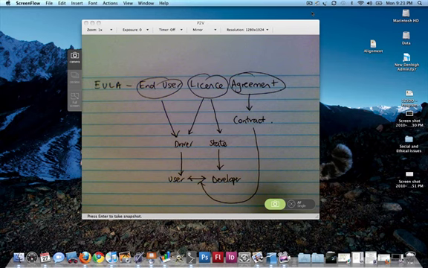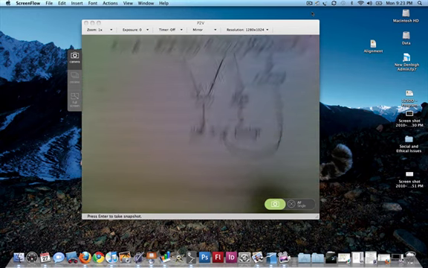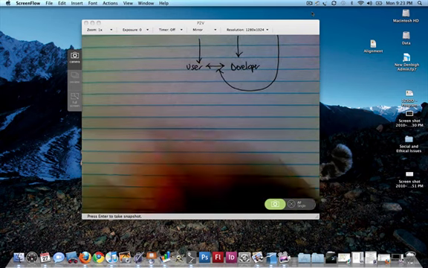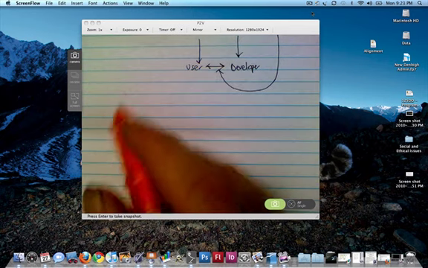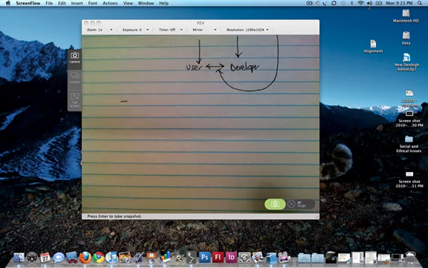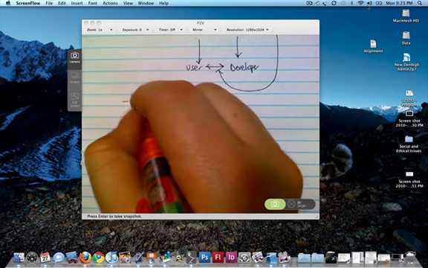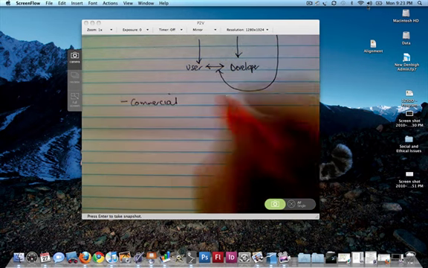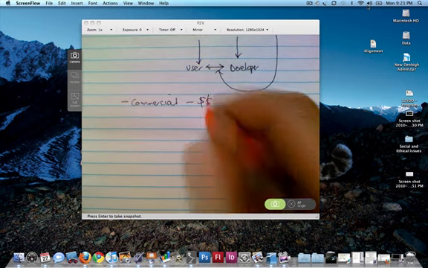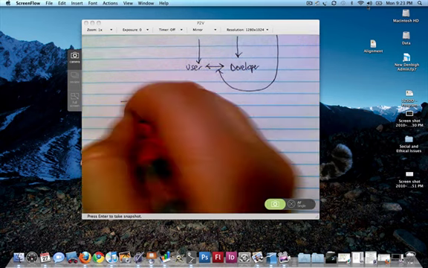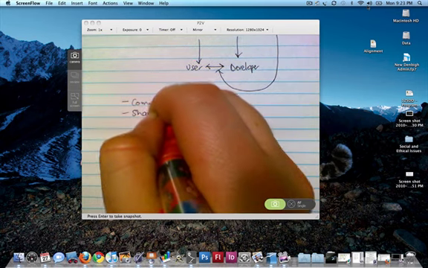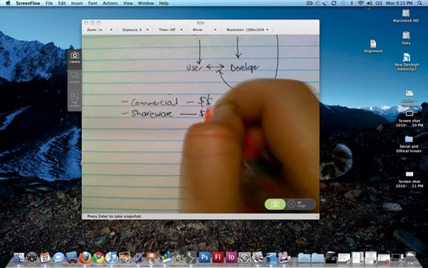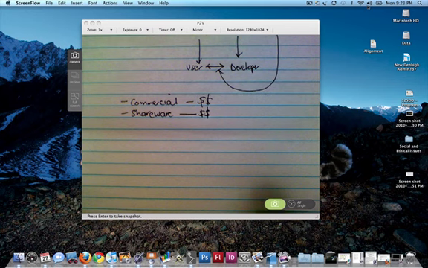Now, as covered previously, there are 4 types of software that we can look at. We have commercial software, and we know obviously we're paying money for that. We have shareware, and also we're paying money for that.